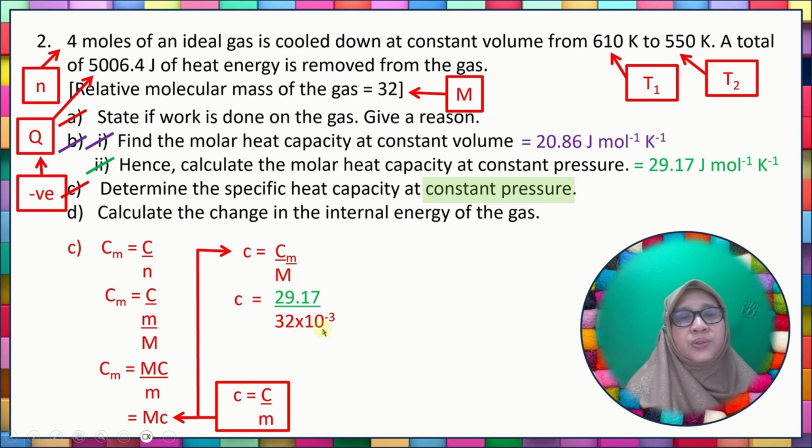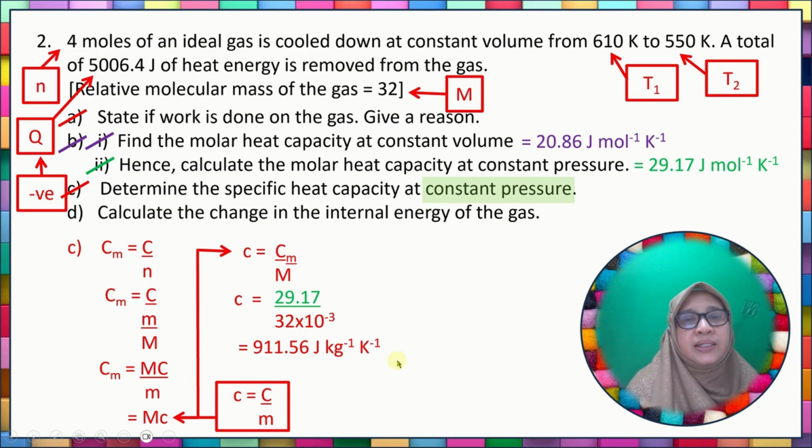Don't forget to convert the 32 gram per mole into kilogram per mole. Because this is relative molecular mass, the unit is gram per mole. To convert to kilogram, we multiply by 10 to the power of negative 3. So the answer is 911.56 joule per kilogram per Kelvin.